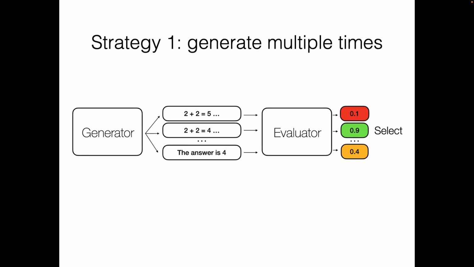Why don't you just generate multiple solutions? And then let's say you have a really good evaluator model that can evaluate whether a solution is good or not. Then maybe you can pick the top ranked solution. You can see that this doesn't involve training the model or finding new data. It's just some technique that you use after the model's trained, and you can hopefully get better performance from it.